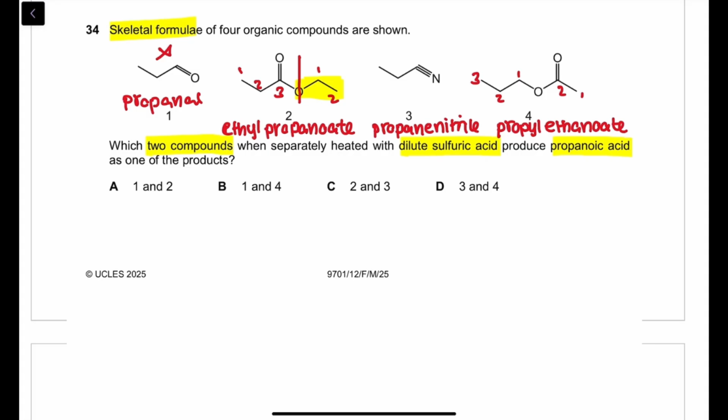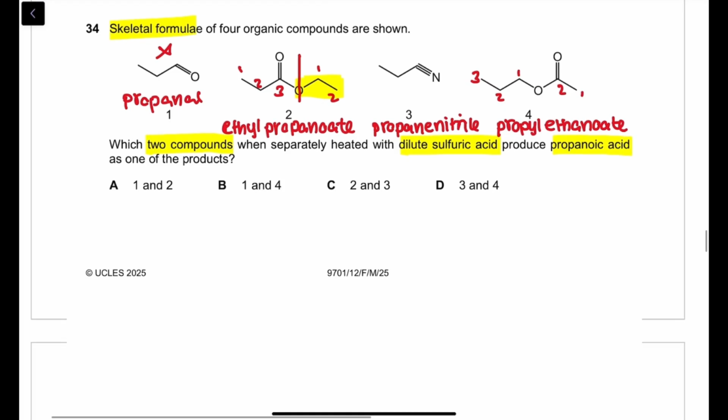With propane nitrile, we would get propanoic acid, as well as ammonium ions produced. And with the last compound, we'd actually get propanol and ethanoic acid. So I think number 4 was there to trip you up if you weren't so good at naming. Therefore, the only options that give us propanoic acid are options 2 and 3. Therefore, our answer must be C.